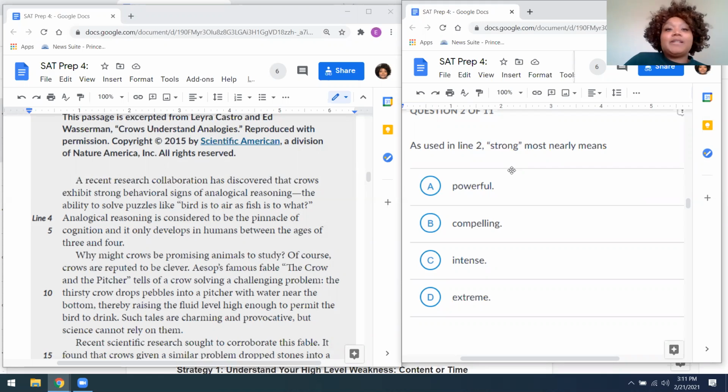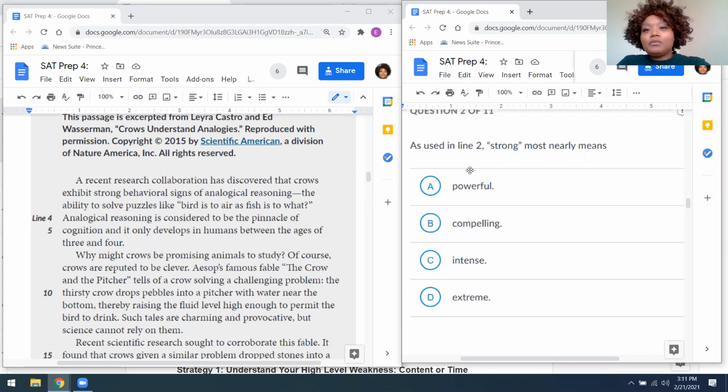So it says, "As used in line 2, strong most nearly means," and that means the word strong, as it is used in this passage in line 2, is closest to meaning A, B, C, or D. So try not to get caught up in answering what you think they want you to answer.